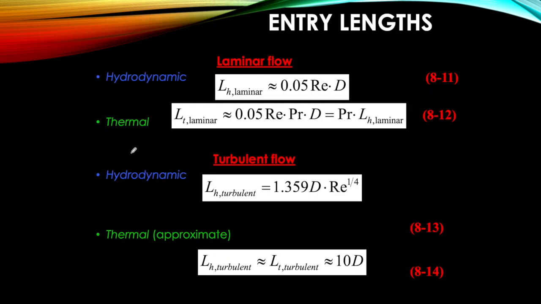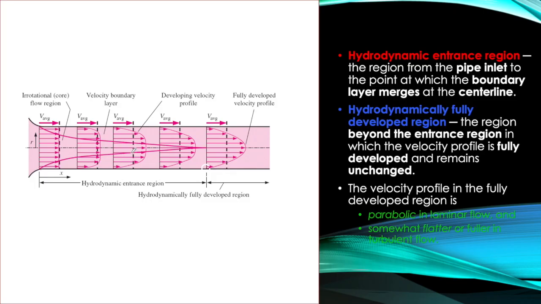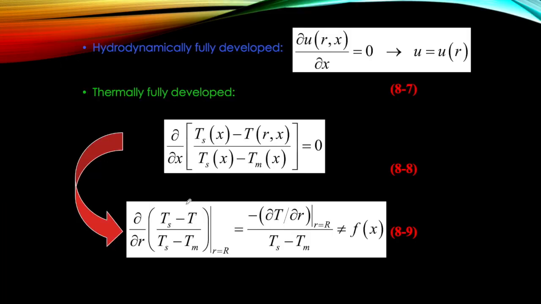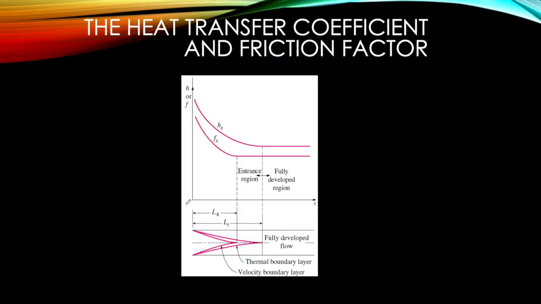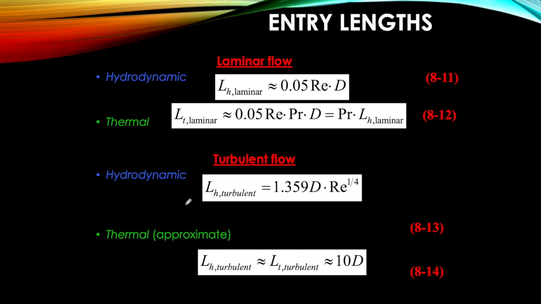And then to calculate the entry length, we know from the figure that there is a hydrodynamic entrance region and a hydrodynamically fully developed region. To understand how long the entry length is in your flow, you have to calculate this LH.